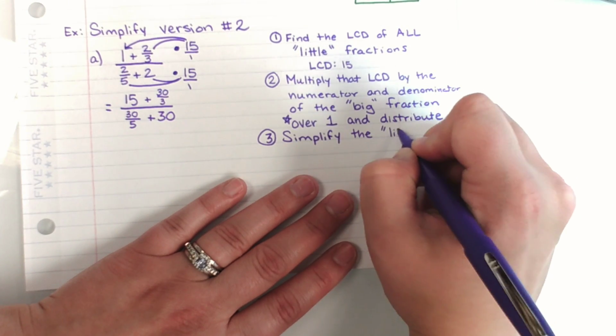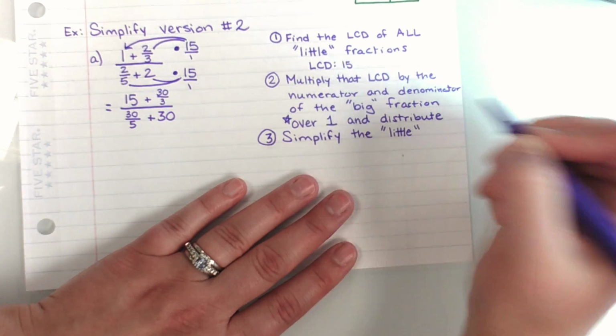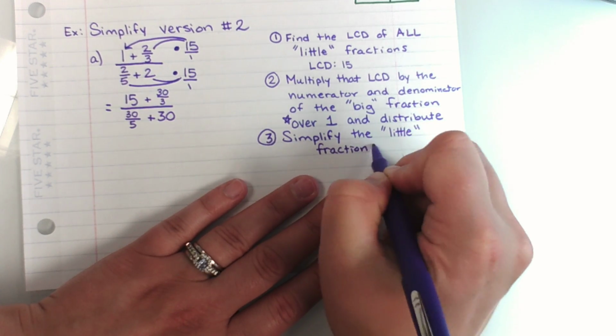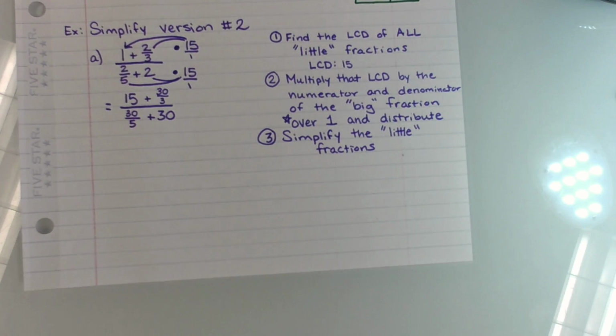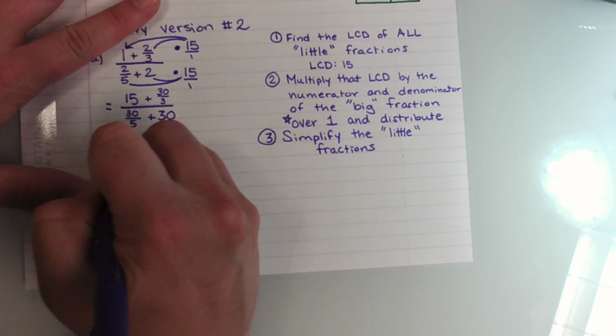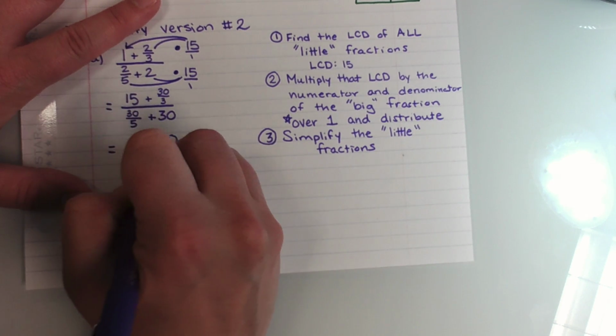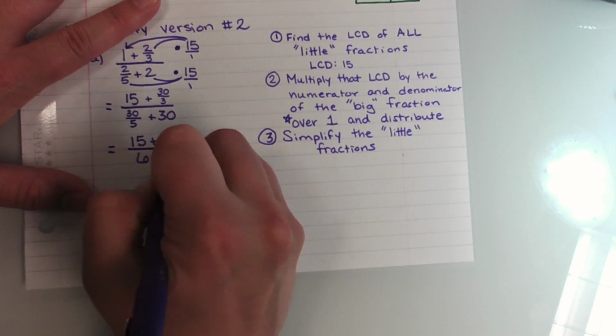From there, your little fractions will always all simplify. And they'll simplify in a manner that they will no longer be fractions. The denominator will always cancel out completely. 15 plus 10 over 6 plus 30.